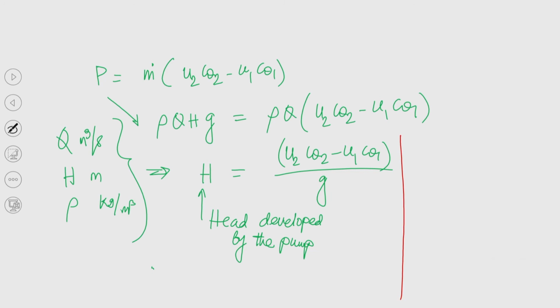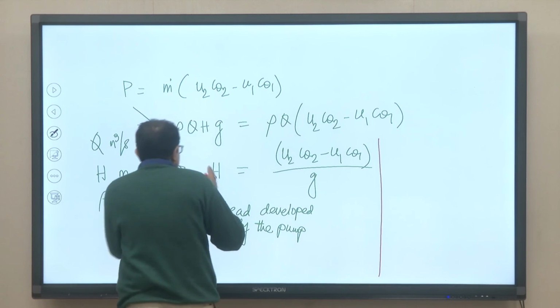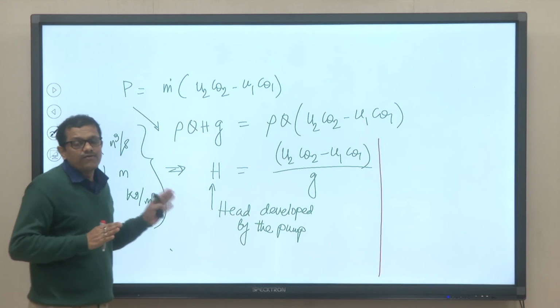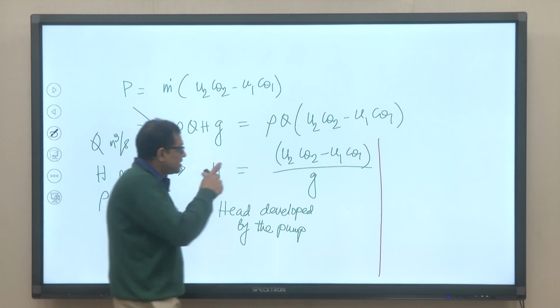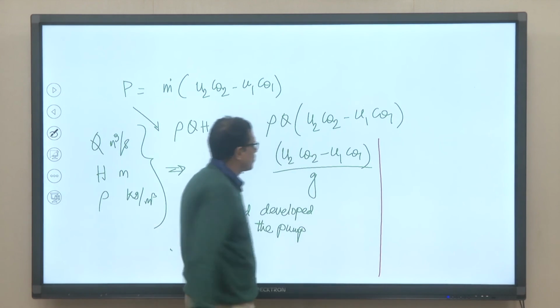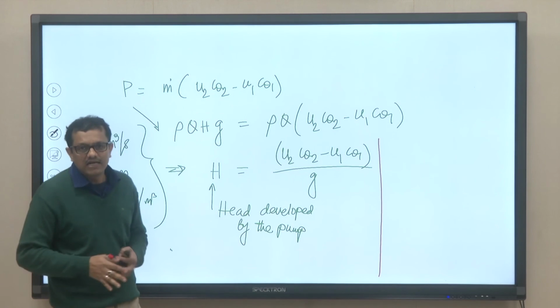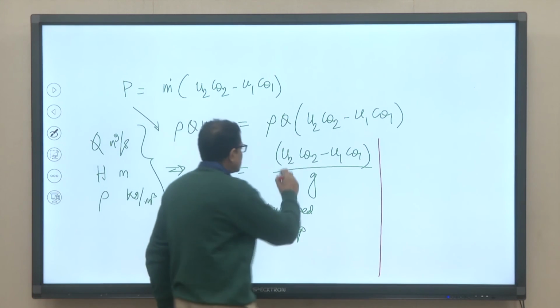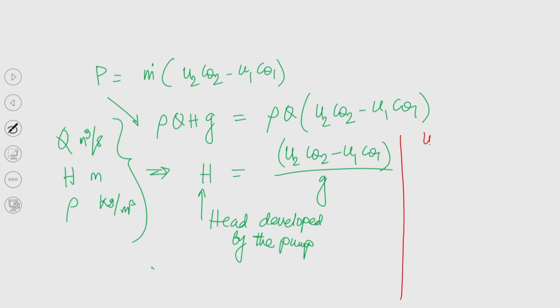to tell you one important point. Now, this equation is known as Euler equation for pumps. This quantity u2 C theta 2 minus u1 C theta 1 is greater than 0, and this is known as Euler equation for pump and compressor.